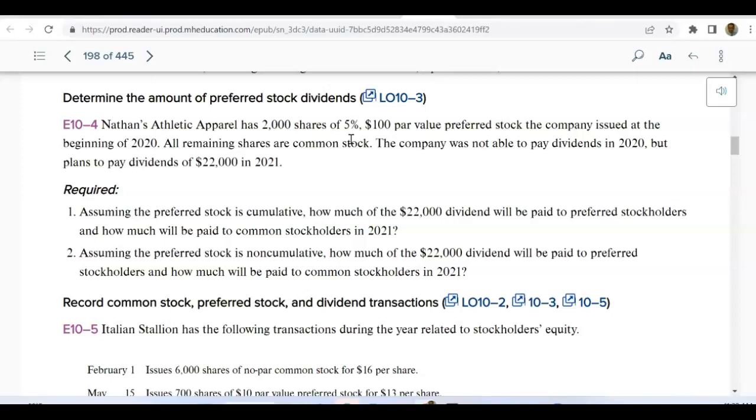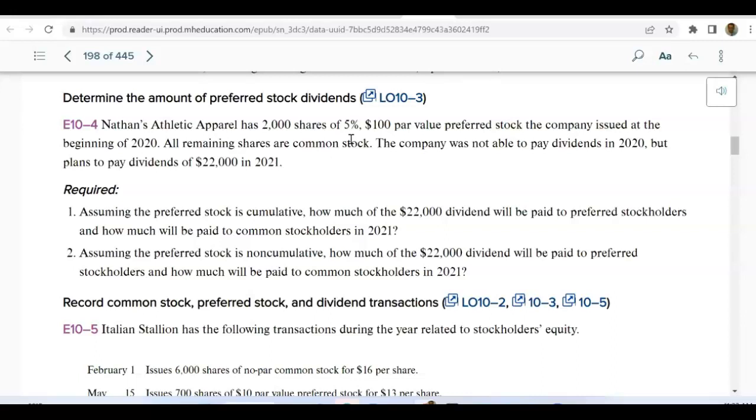And if there is a preferred stock, then the preferred stock has the priority. Preferred stock has the priority to receive the dividend first, and then if anything is left it goes to common stock. So preferred stockholders have priority to receive dividends, and priority to receive any cash left after a company's bankruptcy, all those things that need to be distributed.